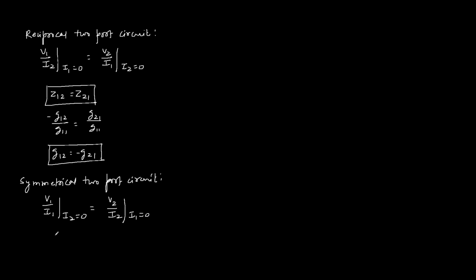In terms of Z parameters, it is Z11 must be equal to Z22. Now to write the condition for symmetrical two-port network in terms of G parameters, we will replace Z11 and Z22 in terms of G parameters.